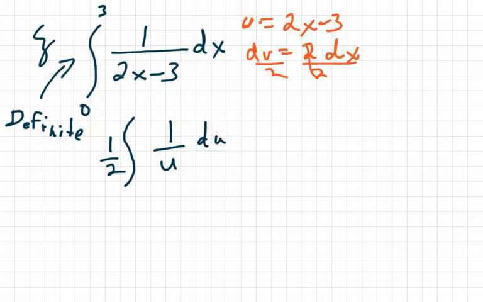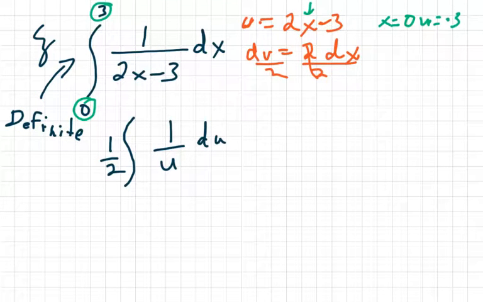Now, what I'm meaning by this whole u thing is, you can see here that x is 0 and x is 3. So when x is equal to 0, u equals -3. Okay, by just substituting 0 into there, I get u is -3.